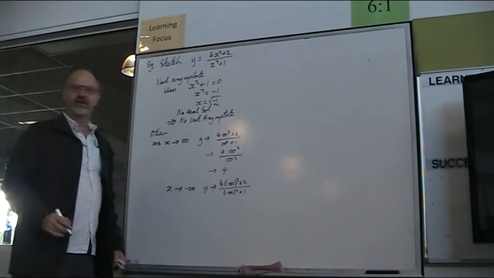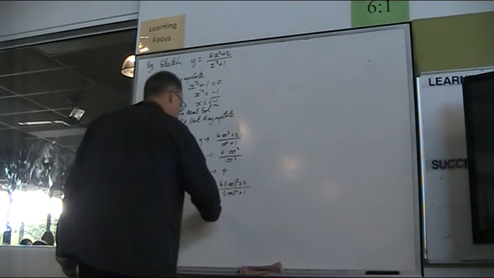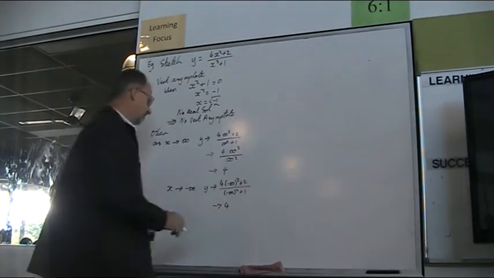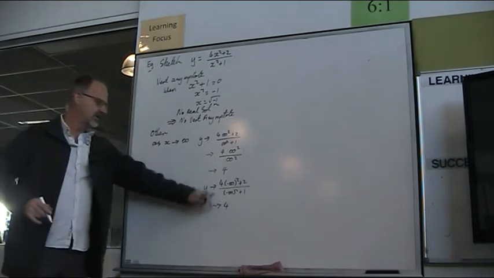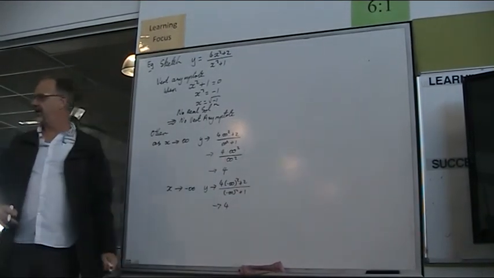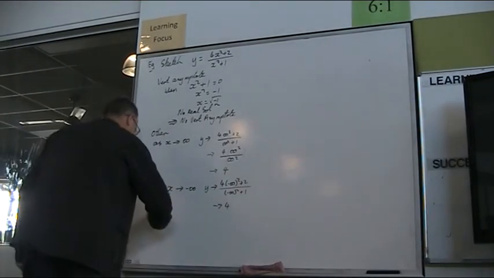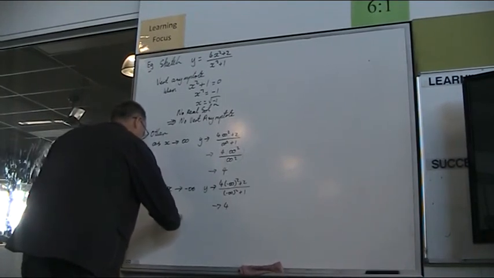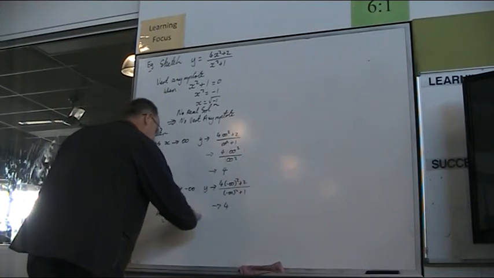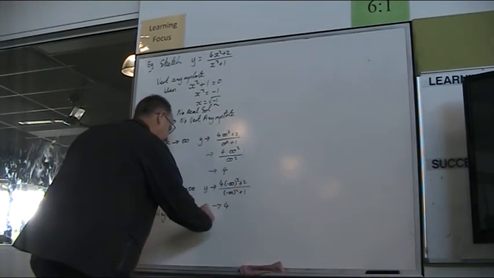When we square a negative number, we get a positive. So again, that's going towards 4. So whichever way we go, we're going towards 4. So that indicates that we have an asymptote at y equals 4.